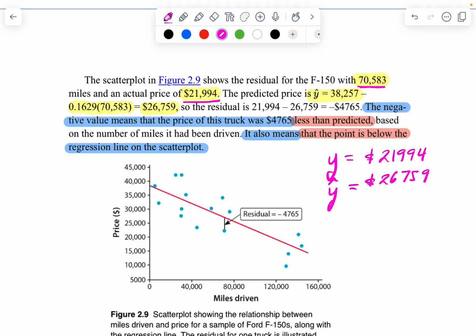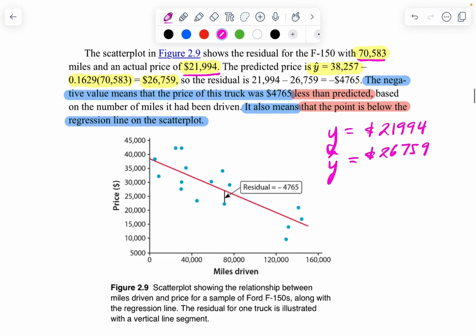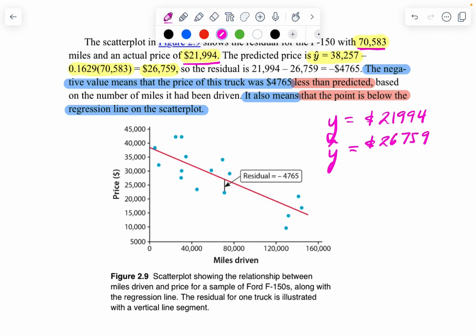Maybe the paint was not looking good. Maybe it needed a brake job. You never know. There are reasons why this truck sold for less than what we would have predicted. If you look at the graph, the actual value is an actual data point, corresponding to that actual sale price of $21,994.